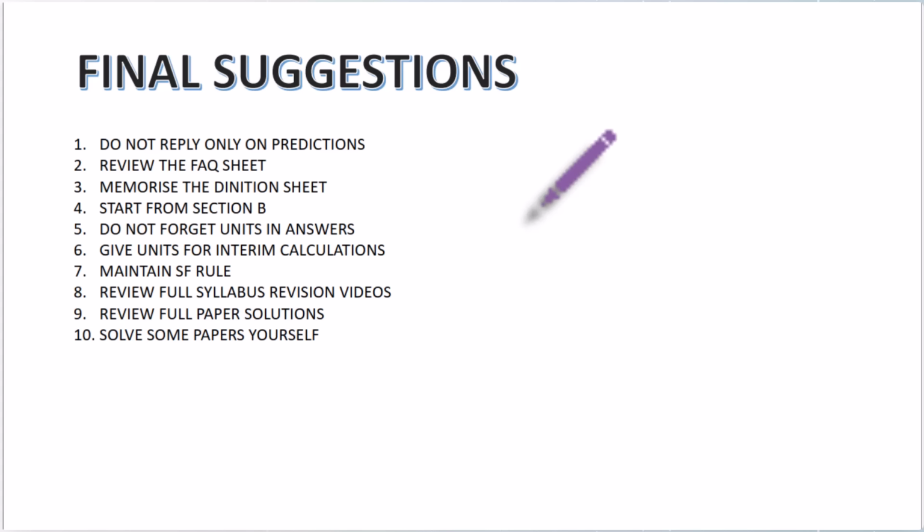Do not forget the units in your answers and give units for the interim calculations. Maintain the significant figure rule. Never give your answers to less than two significant figures. And if it's a show that question, the rule is give your answer to at least one significant figure higher than the show that value.